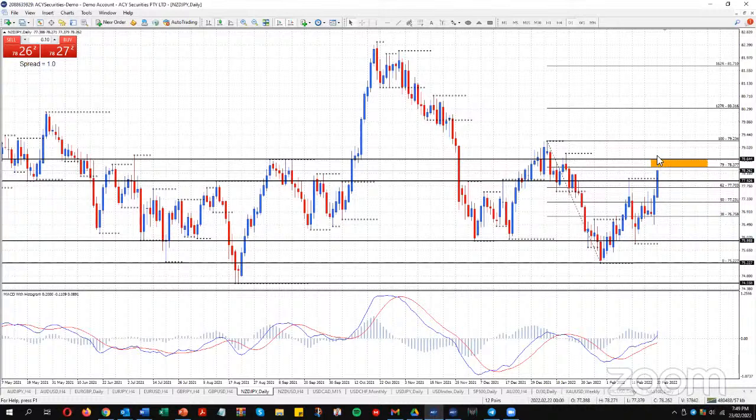If this rejects here, I'd be looking then for an opportunity to trade down from that level. All right. And again, like I was just showing you on the New Zealand dollar, if that weekly structure remains in play, which is to the downside, that leg down could get copied down that way over the course of time. All right, that's my view on the New Zealand yen and the levels that I'm watching.